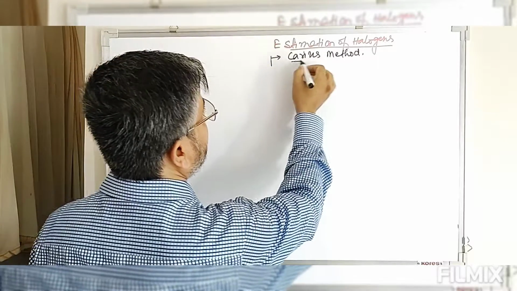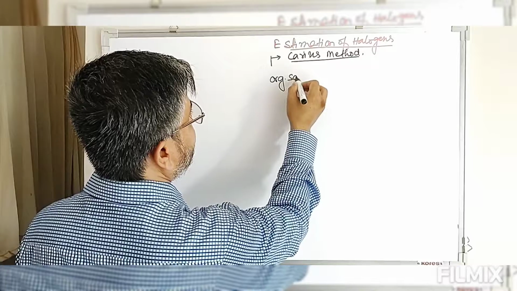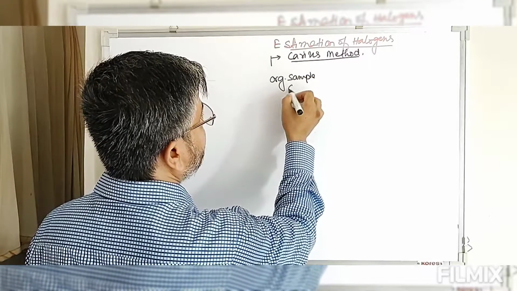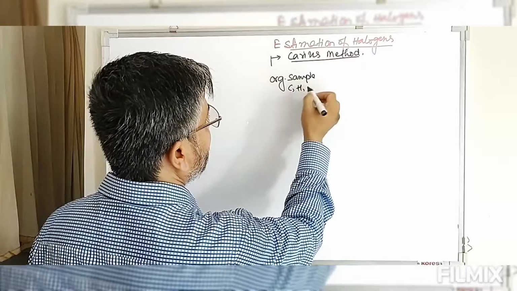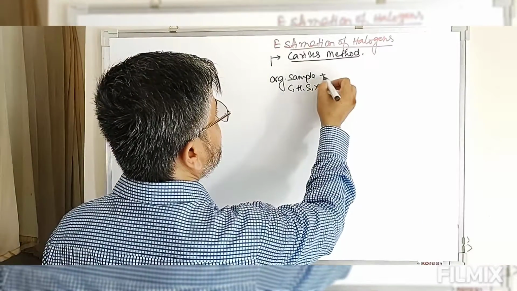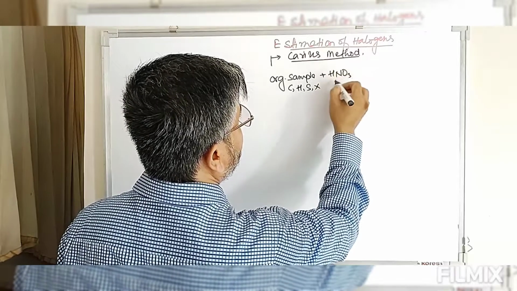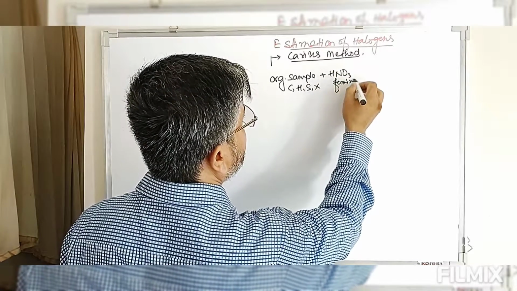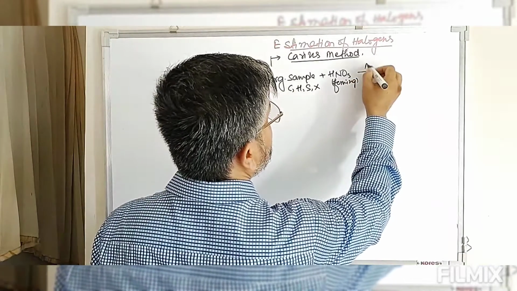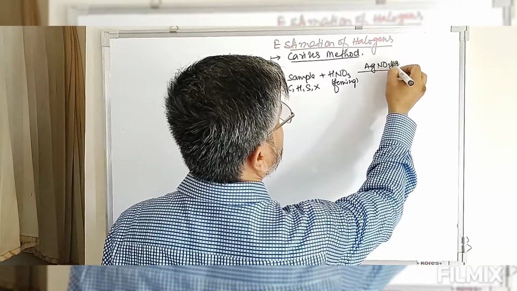That means we have this organic sample. This organic sample contains carbon, hydrogen, and we may also have sulfur, and we may also have halogen. Now this is heated with fuming nitric acid, that is concentrated nitric acid containing NO2, in presence of silver nitrate aqueous solution.